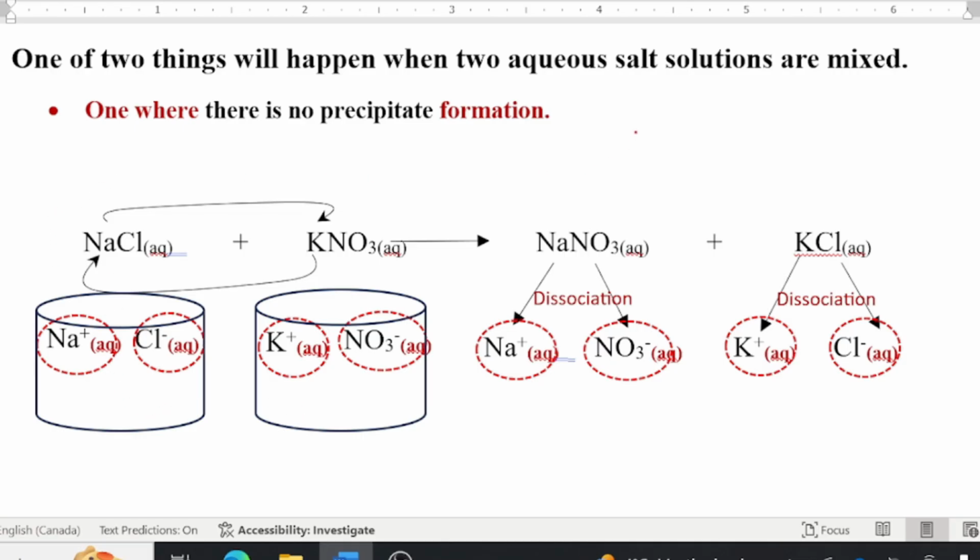Now, I just want to tell you a little bit more about the aqueous solution. If you have some solid sodium chloride, say on a spatula, and you drop that in water, the water causes these ions to separate from each other. It is not really accurate as it is shown here.